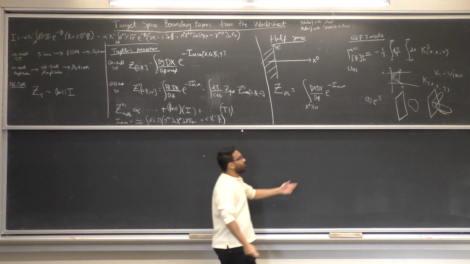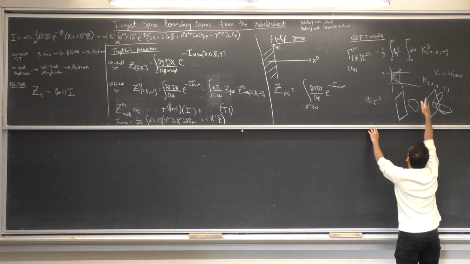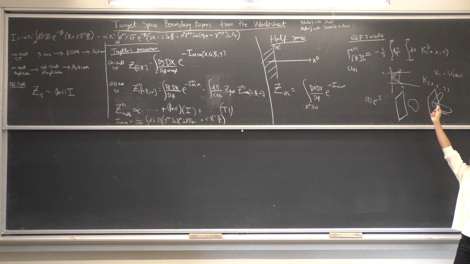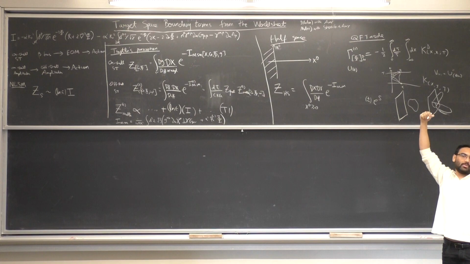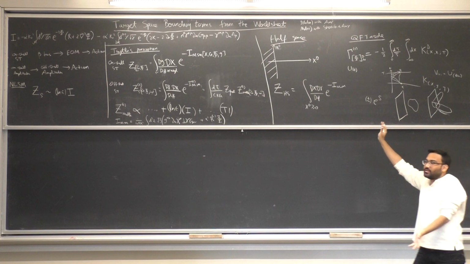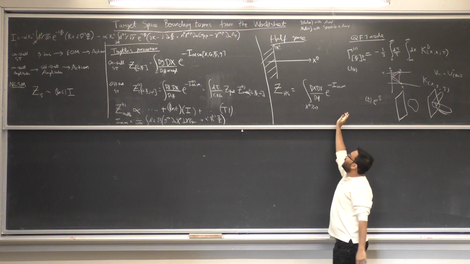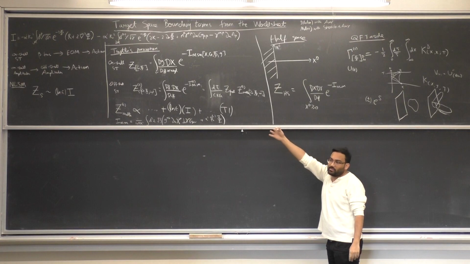Again, we all know that if you want to calculate the propagator in half space, it's an undergrad problem to do it by the method of images. Same thing over here. We can convert this to something else by using the method of images.